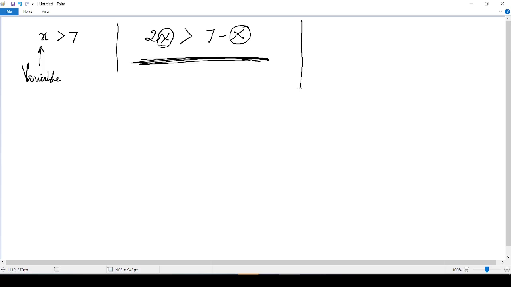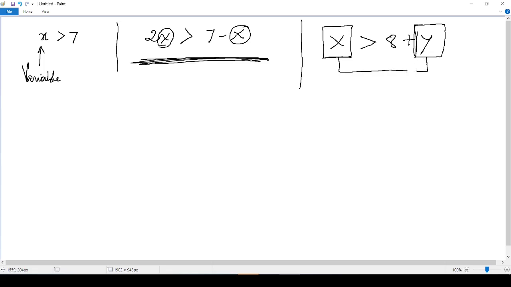Now, if instead I say x greater than 8 plus y, in this case, I have x, which is a variable, and I have y, which is a variable. And x and y are not the same, they are different. Therefore, I have here two variables.